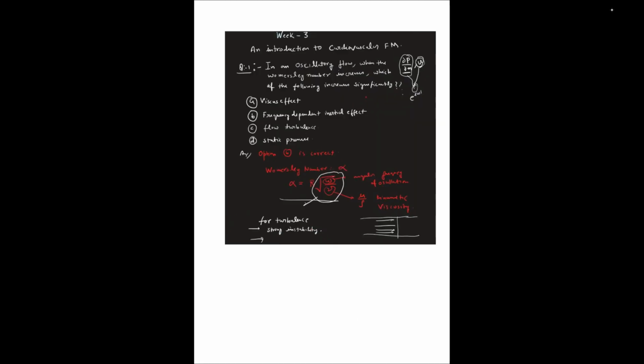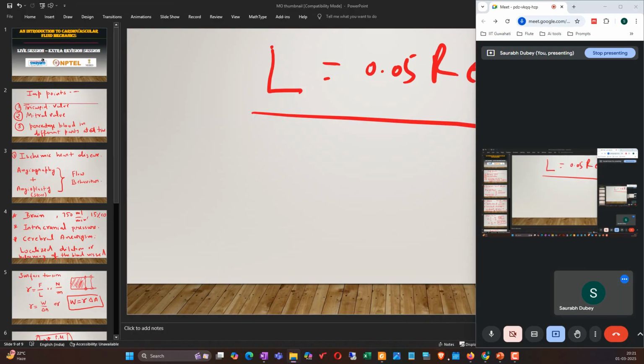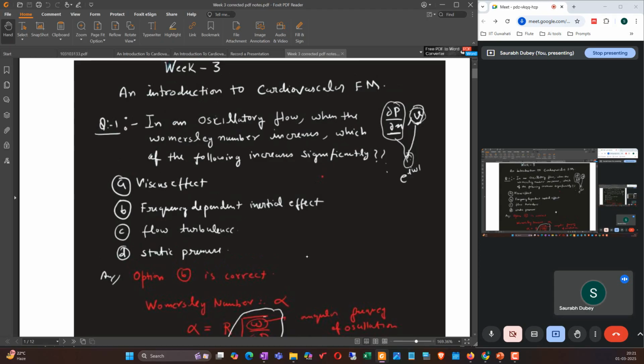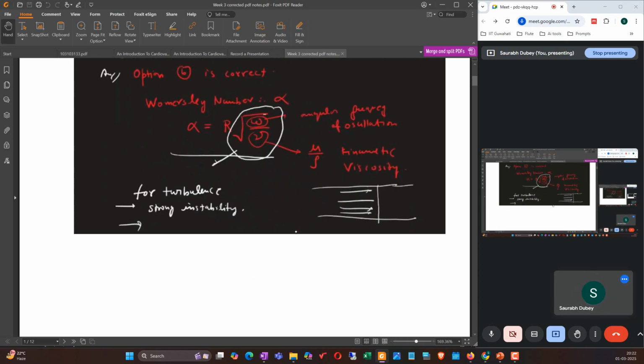So if you see, this was the content that we have already discussed. In this one, the first question was: in an oscillatory flow where the Womersley number increases, which of the following increases significantly? So it is all the Womersley number again, with the solution you see.